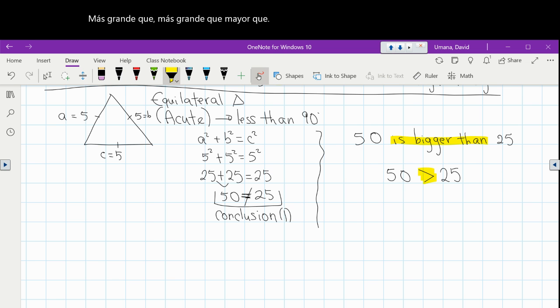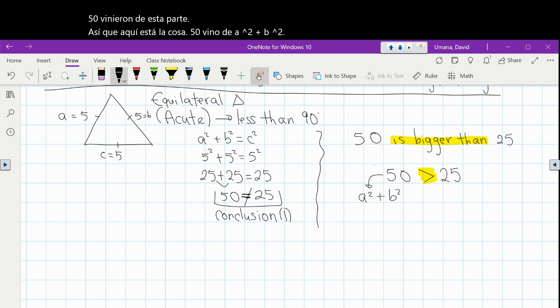I can use all those words and they mean the same thing. But where did 50 come from? Well, 50 came from this part. So here's the thing. 50 came from a squared plus b squared. That's where the 50 came from. 25 was the other side. So 25 is c squared. So all of a sudden, in this situation, a squared plus b squared is greater than c squared.